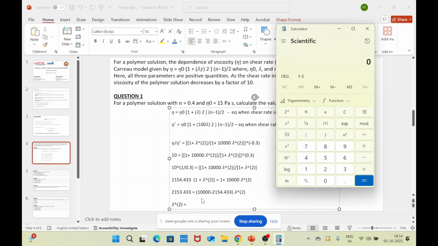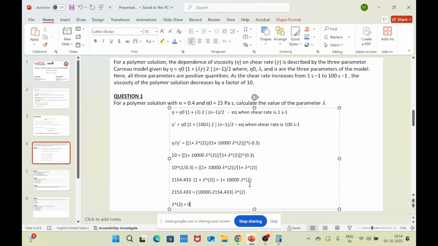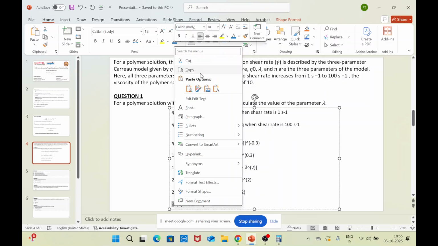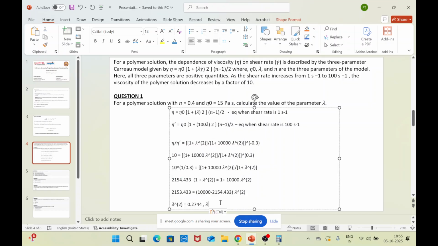So lambda square is going to be equal to 0.2744. So that means the lambda value is the square root of 0.2744, which is nothing but 0.523.